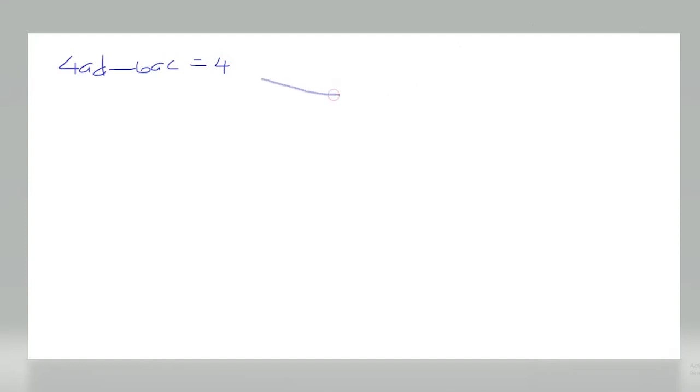This one is equal to A, bracket 4D minus 6C. Now check whether it's an identity or not.